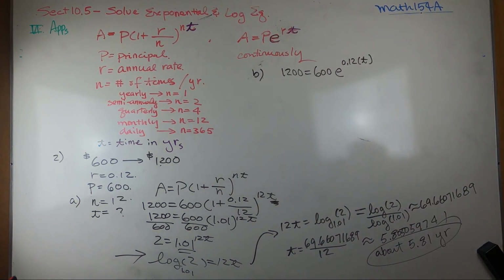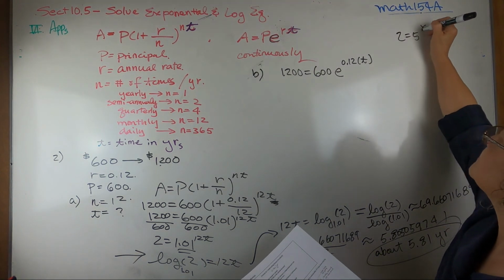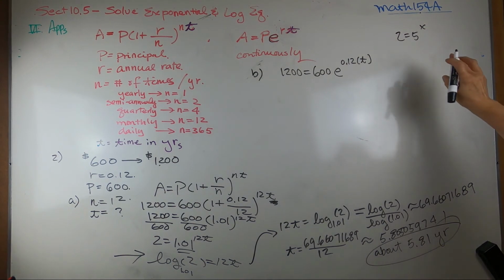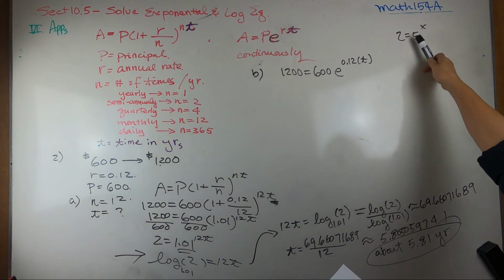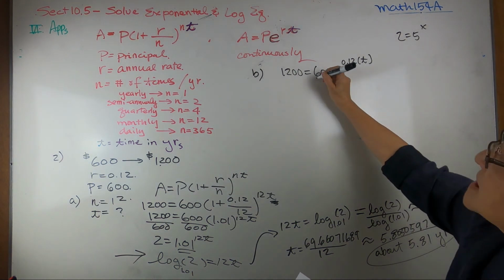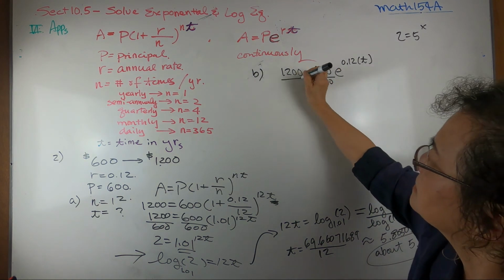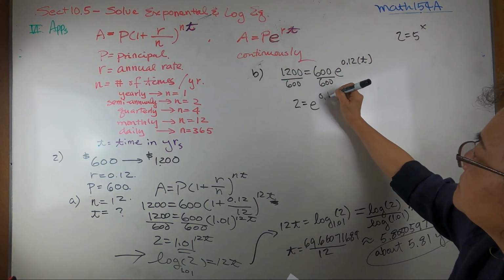Okay? Same token, same thing. You want to write it like 2 to the 5 to the x power, a simple one, where one side just has the power with one base, nothing else. So you have to get rid of the 600 first, right? So you end up with 2 equals what?